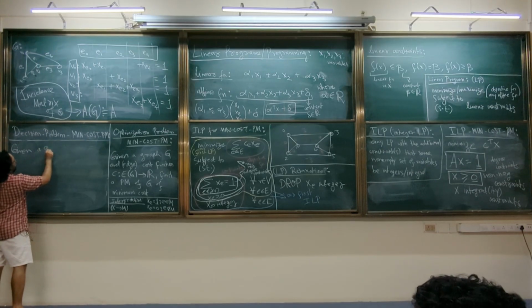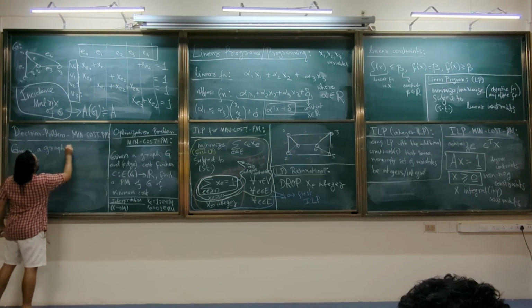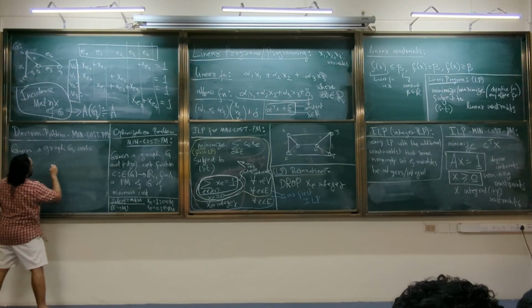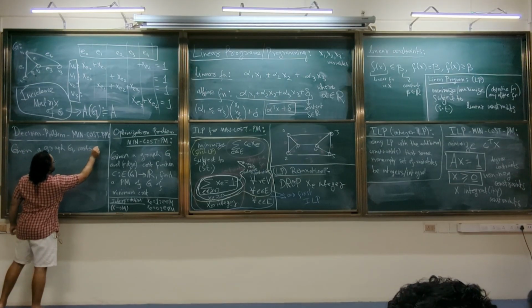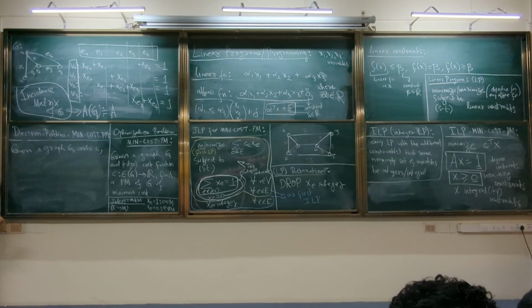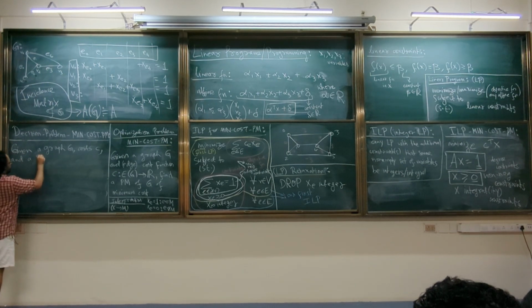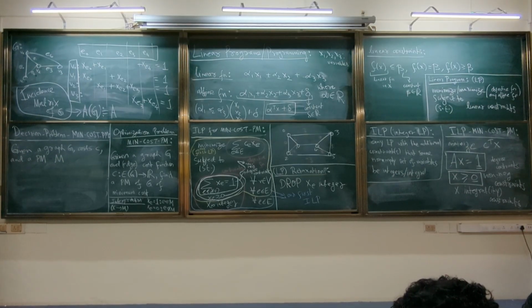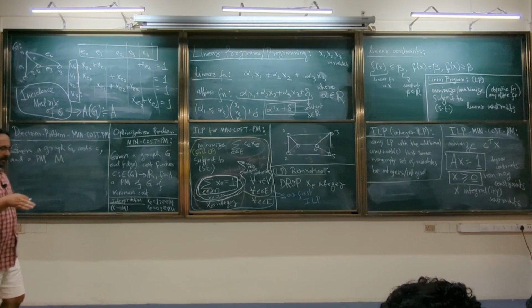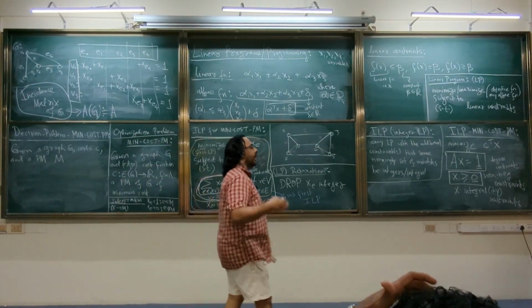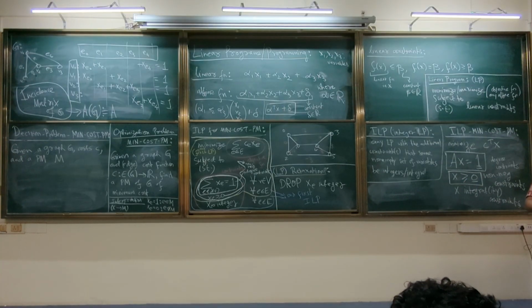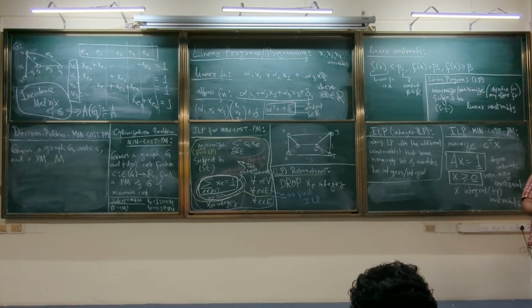Given a graph, an edge cost function, I'll just write costs, C, edge costs, and a perfect matching, M. So you're given three things: the graph, the cost function, and a particular perfect matching in the graph. And the question is, is this a minimum cost perfect matching of this graph?